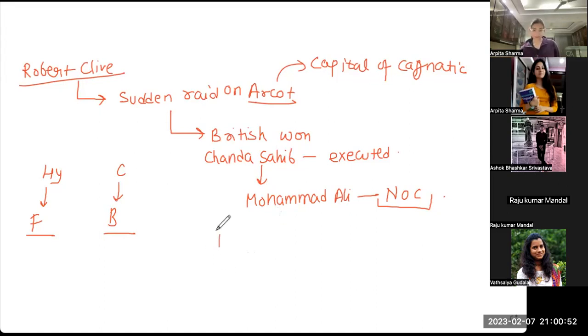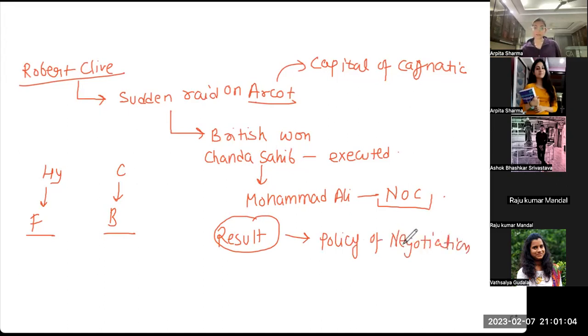Okay. So the result of the Second Carnatic War was that a policy of negotiation was adopted by the French Governor General. There was a new French Governor General sent to India. His name is Godehou. Okay?